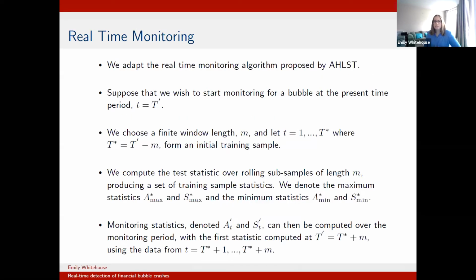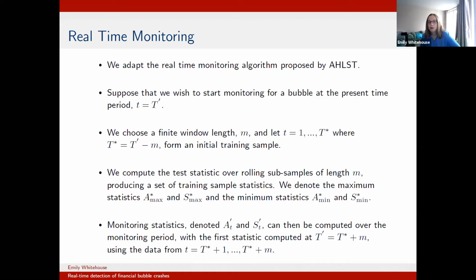We're going to implement these statistics using a modification of AHLST's real-time monitoring algorithm. So imagine that we want to start monitoring for a bubble today. We need to choose our finite window length M, and then we're going to let today minus M essentially form our initial training sample. So we're calling from t equals 1 up to t star, that's our training sample.